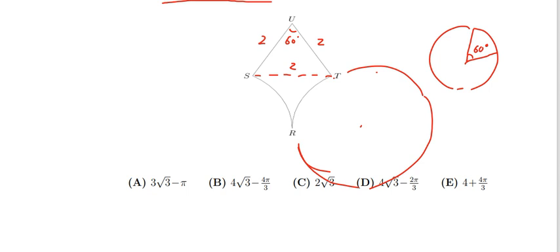If we extend this, this is the center of this circle, and this is also 60.